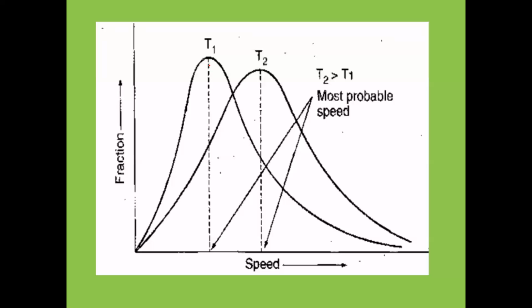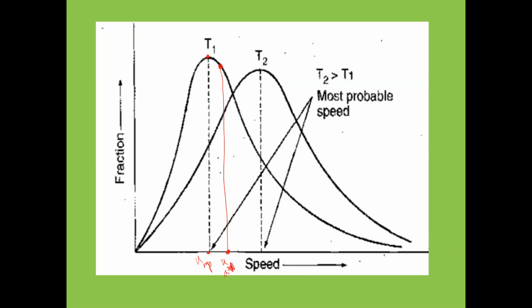Now at every temperature, how many types of velocities will be there? Three types. At the highest point of this peak, this is the most probable velocity, U_mp. From another point, this is the average velocity, U average.